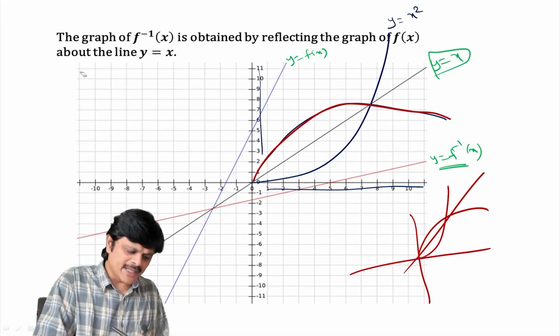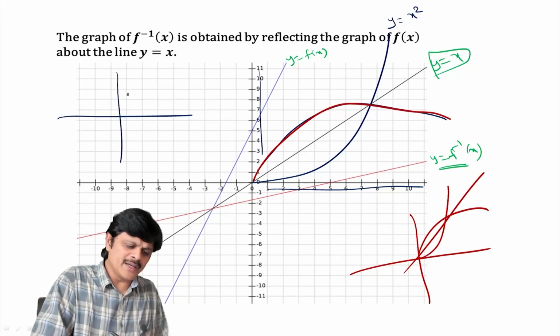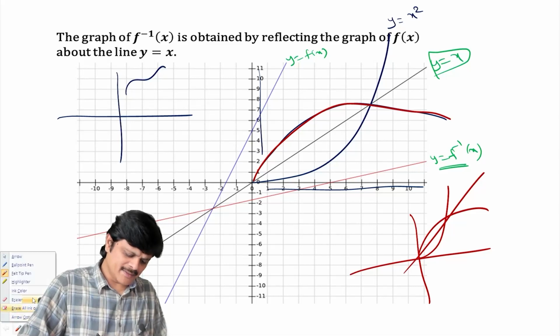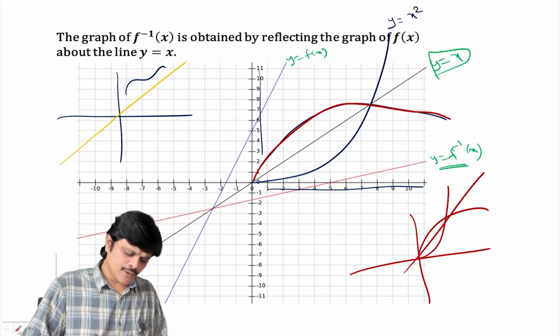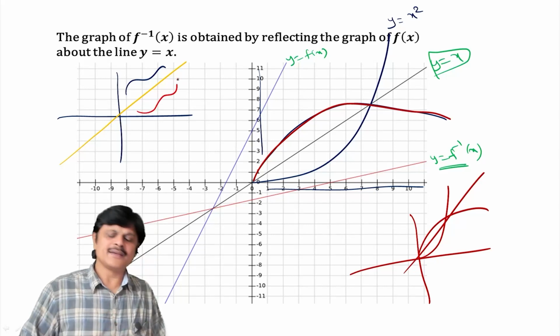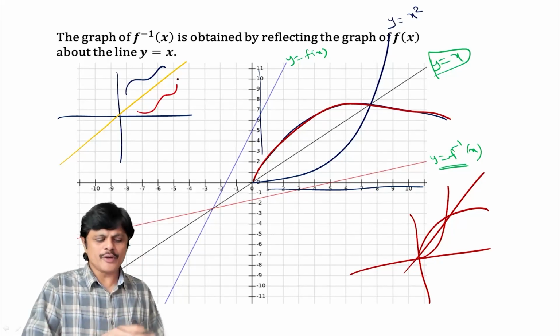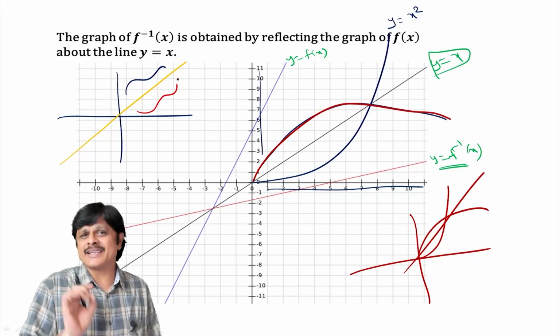Suppose your graph is something like this. Then we need to know what the y is equal to x line is. This is the y is equal to x line. So the inverse would be like this. That is the inverse. So you can get the graph of the inverse if at all it exists.